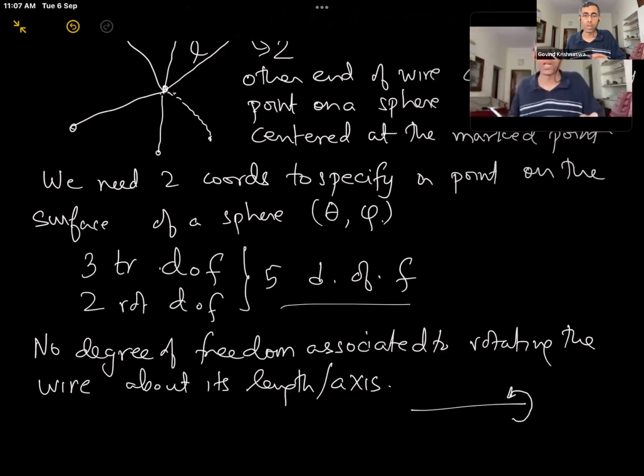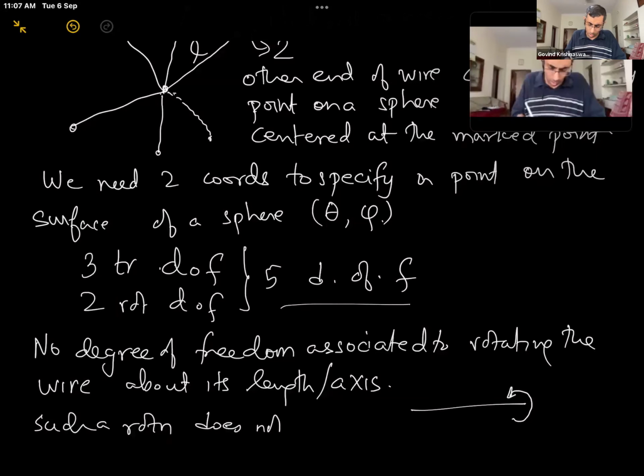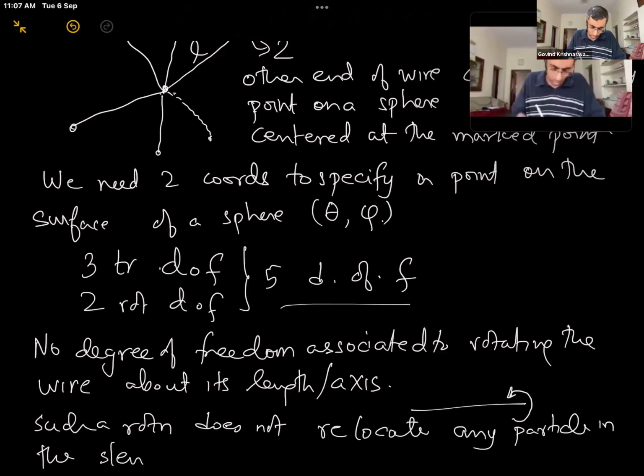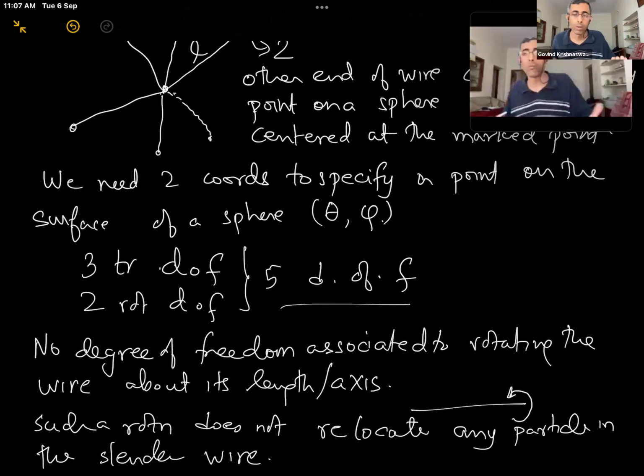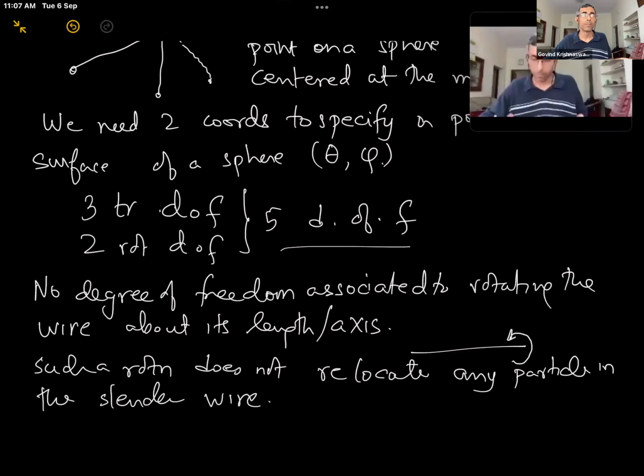I don't change the locations of any of the constituent particles. Such a rotation does not relocate any particle in the slender wire. And so if you have not changed the locations of any of the particles, you have not invoked a degree of freedom. Okay, any question about this?